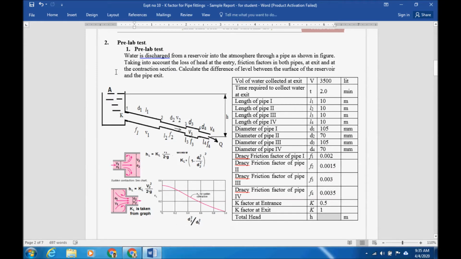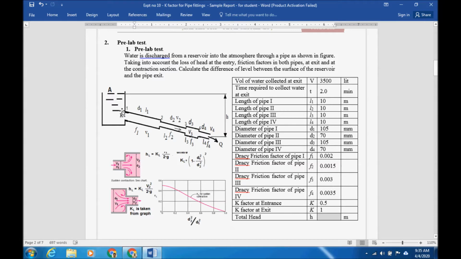So pre-lab test: water is discharged from a reservoir. This is called a reservoir, where water is stored, and it is discharged from here to the atmosphere through the pipe as shown in the figure. Taking into account the head losses at entry: here is a head loss at entry due to the sharp corner.